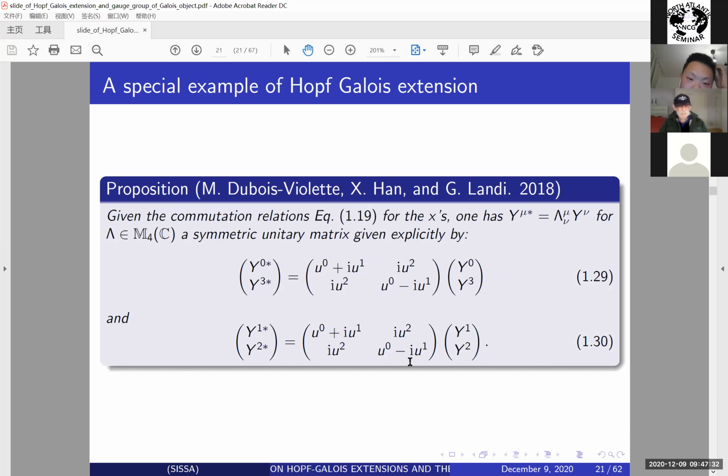So now I will start the commutation relation for the base space S4, and we can see the coordinate functions on the base space Y have a relation with Y star. That is, Y star is equal to lambda Y, for lambda a symmetric unitary matrix given by 1.29 and 1.30.